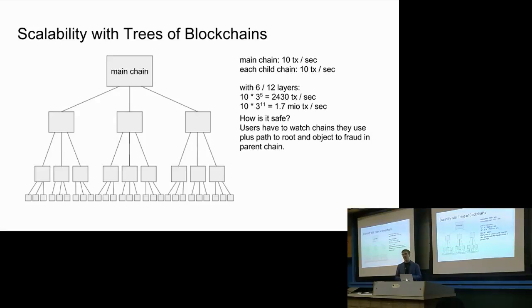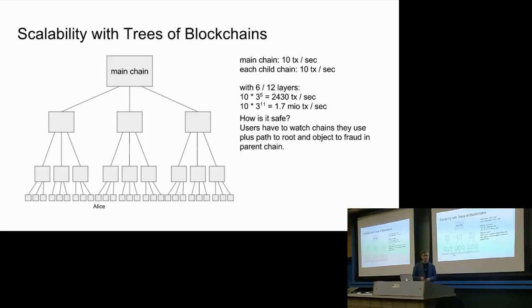So this system only scales if, I mean, the main problem of blockchains is that everybody has to verify every single transaction. And this system only scales if this is not the case anymore. And so the idea here is that people are interested in some chains.